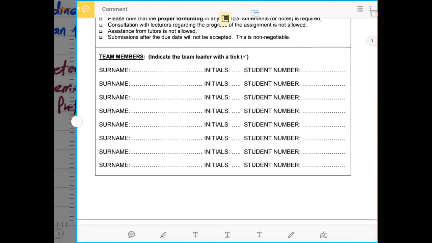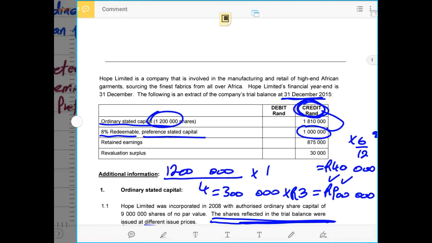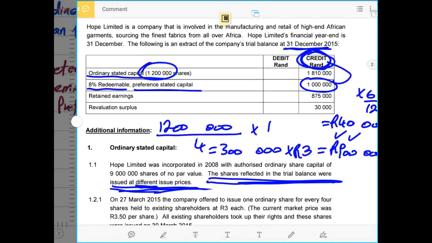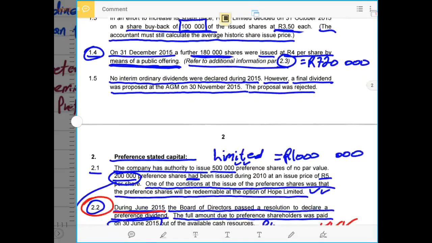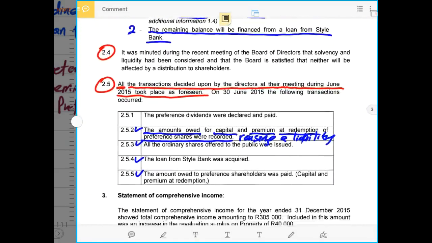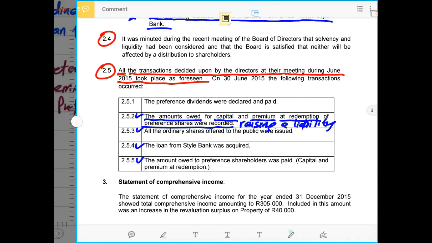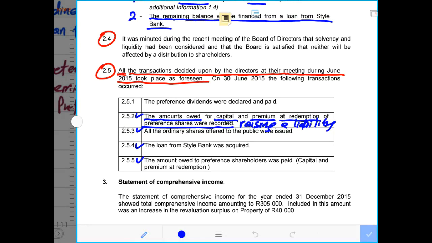Then we go to the second part of this entry, which is the recording of 2.5.3. It says all the ordinary shares offered to the public were issued.